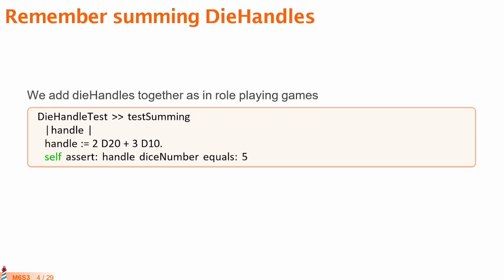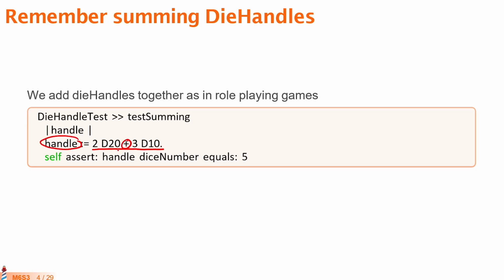Now the question is that in this version, we could really write expressions like in the Dungeons and Dragons books, where we could say, oh, you know, I have 2 dice of 20 faces plus 3 dice of 10 faces. And the plus would create a handle.